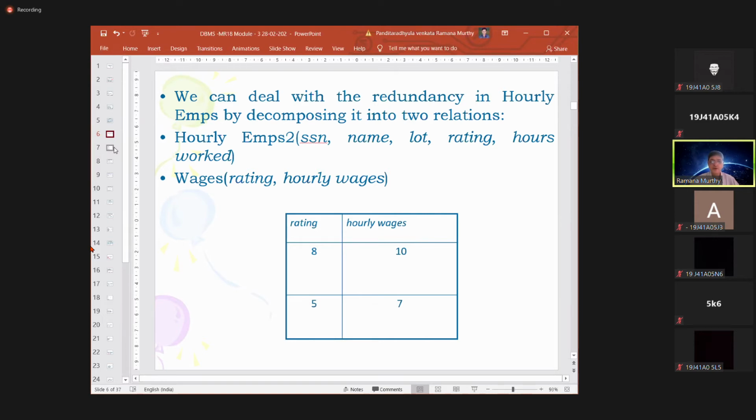One more point: redundancy means not only saving the same information repeatedly at different places, but also in the same table. If unnecessary information is repeating, it is also called redundancy. Here our concentration is how to avoid redundant data inside a table also. That is a much more important thing.